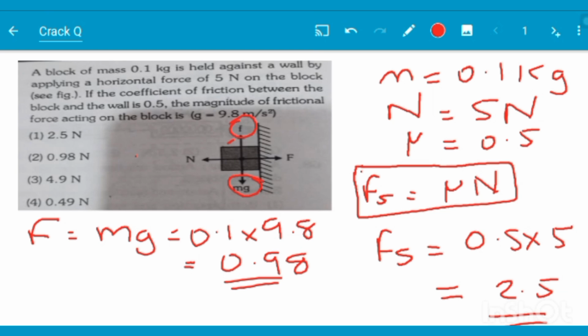But here the force is only 0.98 Newton and the static friction is 2.5 Newton, so the static friction is greater than the applied force. This is the applied force, capital F.